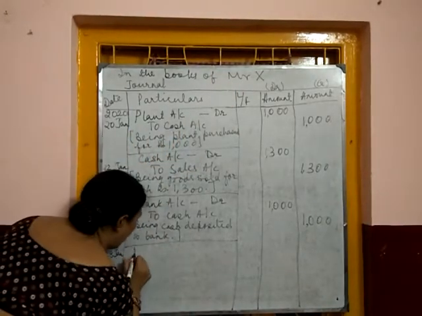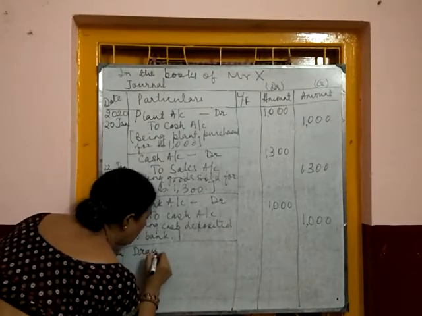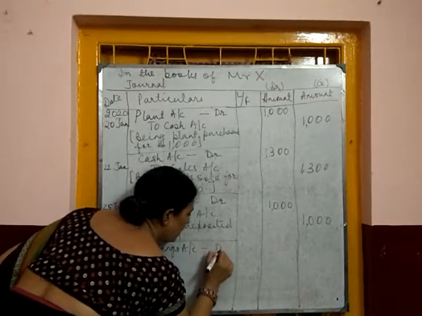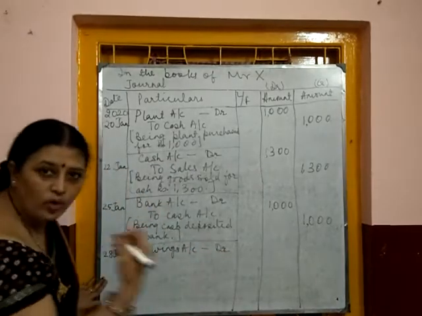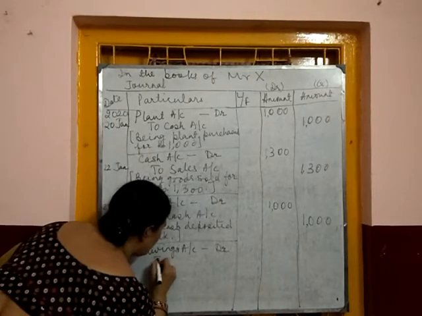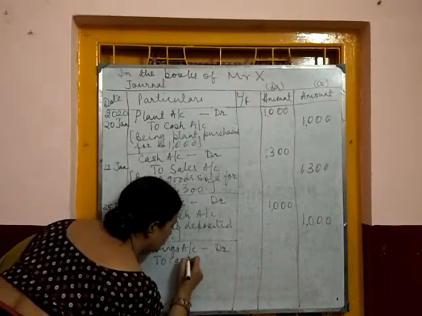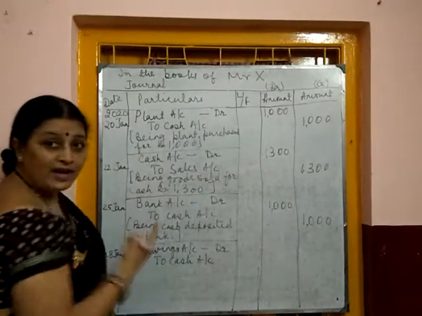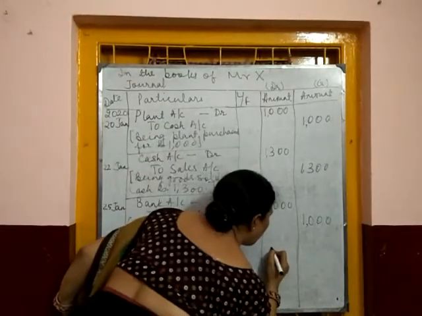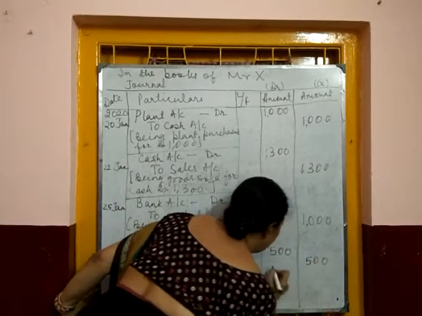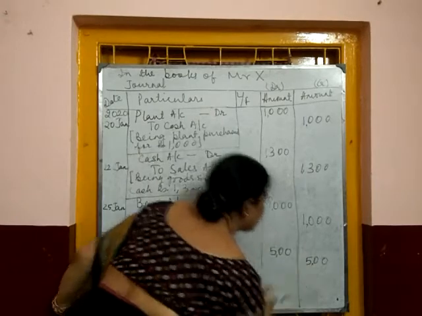So we will write drawings account debit, and what is going from the business? Cash is going. So we will write to cash account. How much? As I said, 500. So we will write 500 debit and 500 credit.